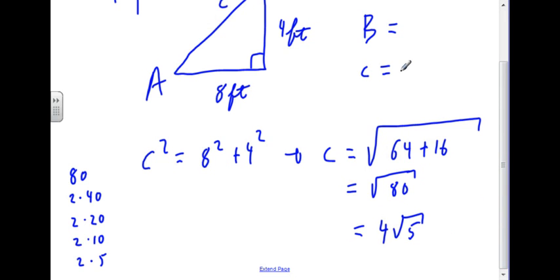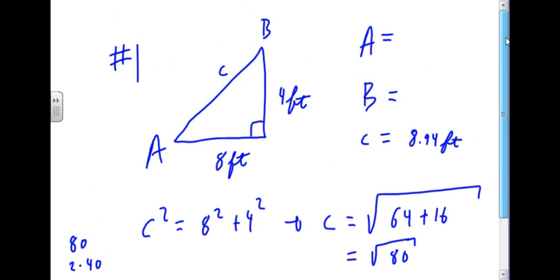So c is going to be 4 square root of 5 feet. Because we were given our answers as 4.00 feet and 8.00 feet, we probably want it to 3 significant digits. So 4 times the square root of 5 is 8.94 feet.